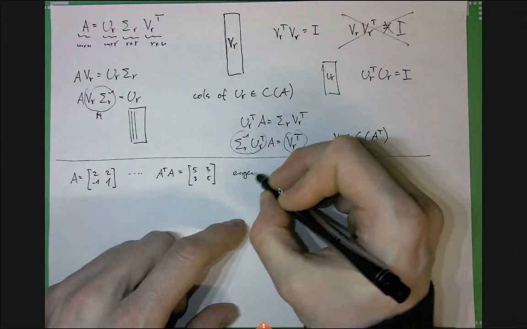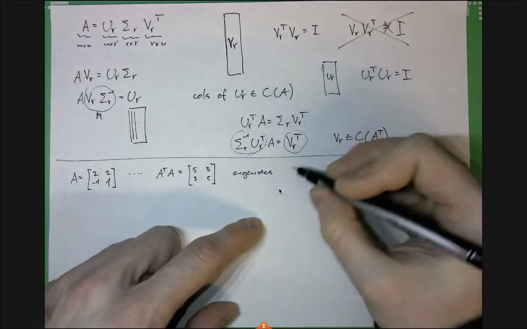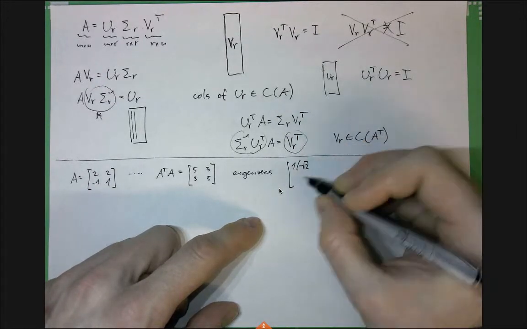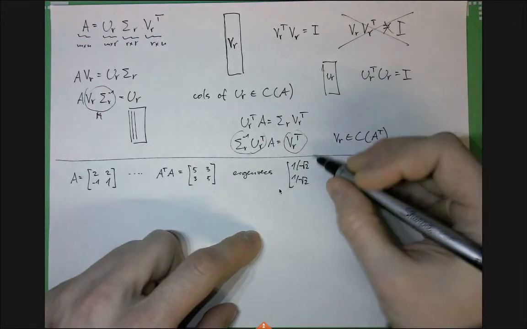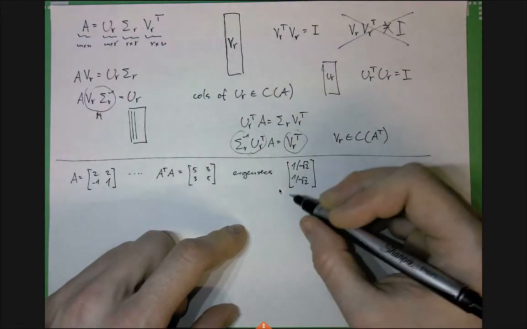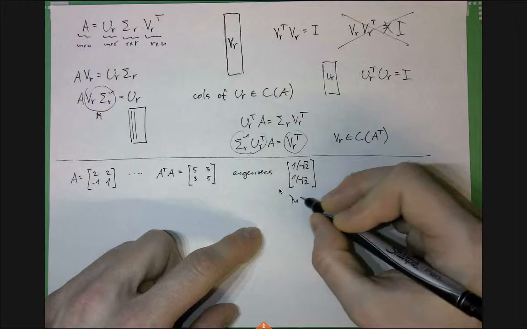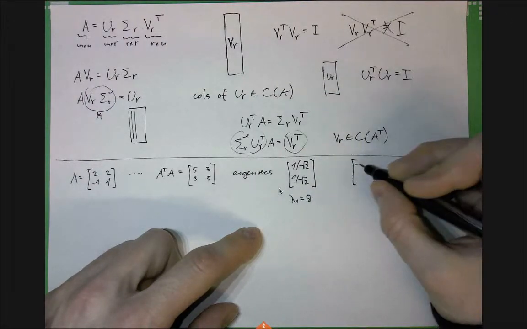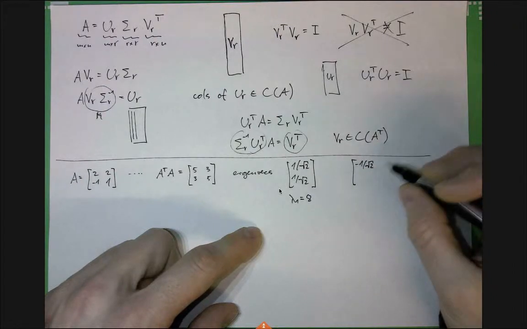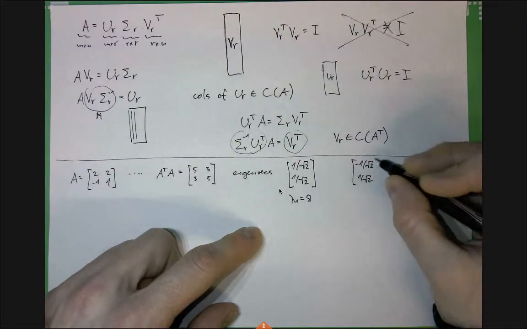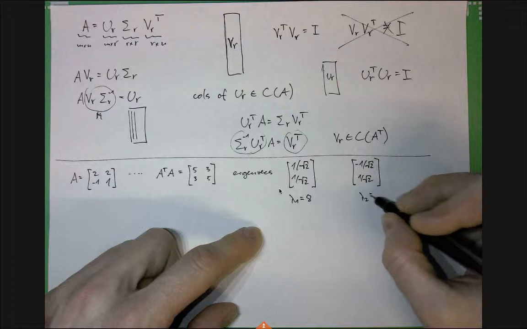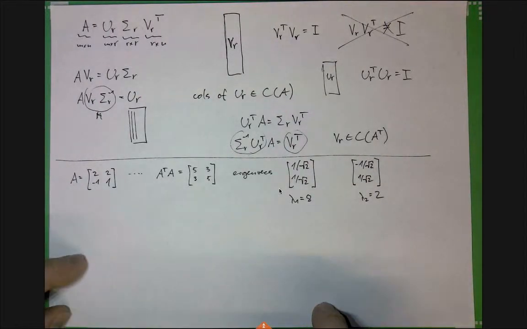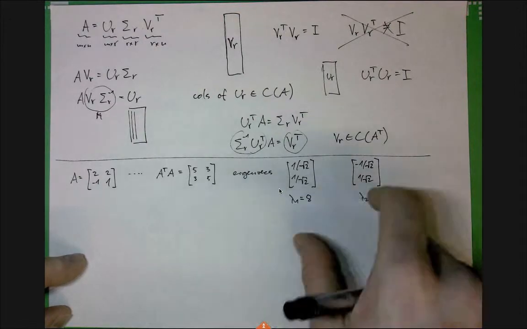And the eigenvectors are like this. I have only a couple of minutes, so I'll do it a little bit quickly. This corresponds to eigenvalue 8, and there is another eigenvector like this, which corresponds to eigenvalue 2. Notice that they are orthogonal.